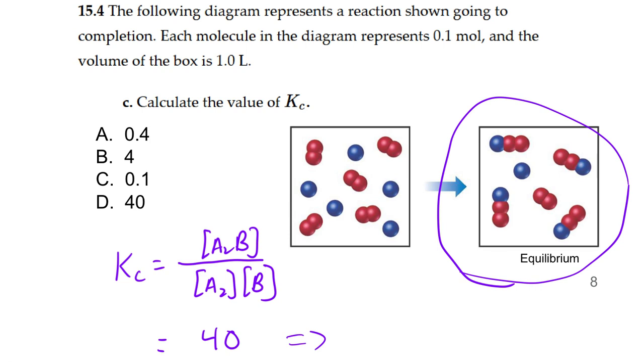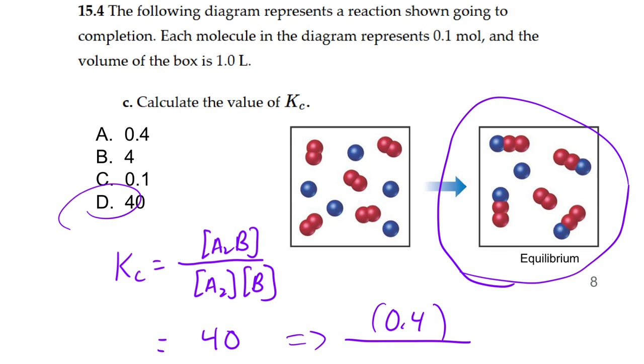So the answer that you should get is 40. But let's make sure we're all on the same page about how we get that. Each molecule represents 0.1 mole per liter, because it's in 1 liter. We have 4 molecules of A2B in our equilibrium box, so we'll have 4 times 0.1 moles per liter, so 0.4.